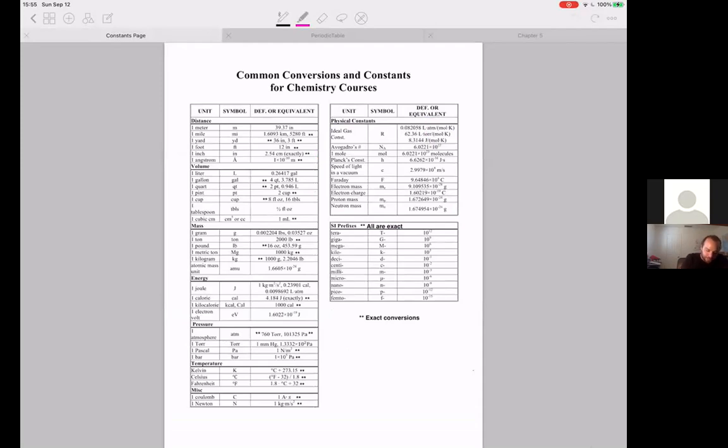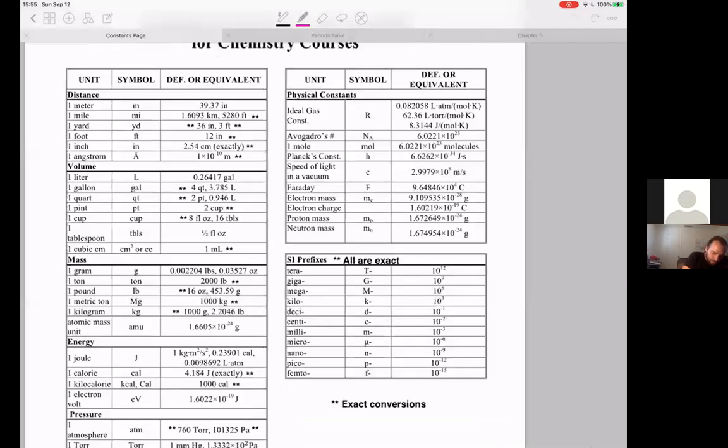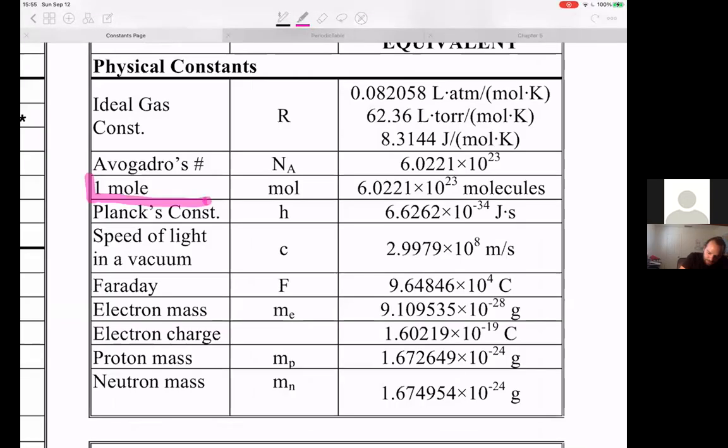If we zoom in, this is 1 mole equal to 6.0221 times 10 to the 23rd molecules, or whatever it is you're talking about, whether molecules, atoms, or eggs. I mean, you probably wouldn't be able to find a mole of eggs if you tried. That's just a huge amount. But nonetheless, it could be whatever it is that we're talking about, right?